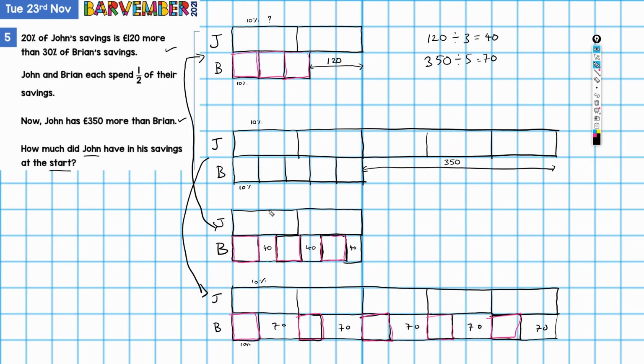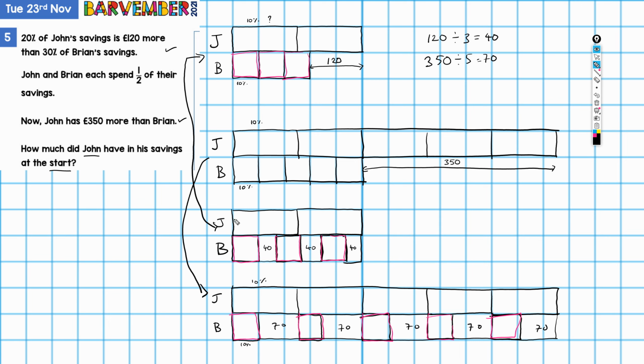Okay, and then if we look at this one, we know that 2 of John's units are equal to 3 of Brian's plus the 40s. But how could we get it so that we were comparing one?